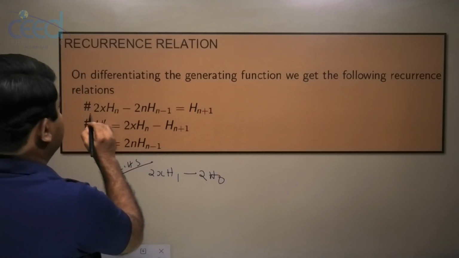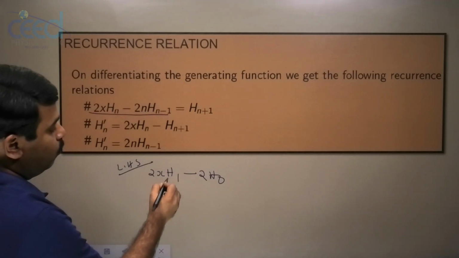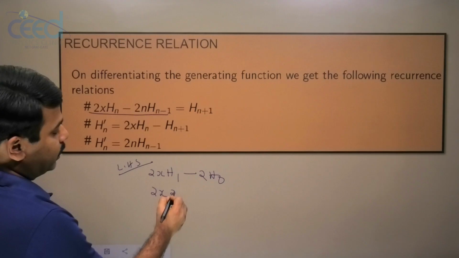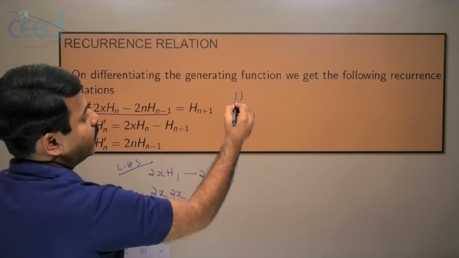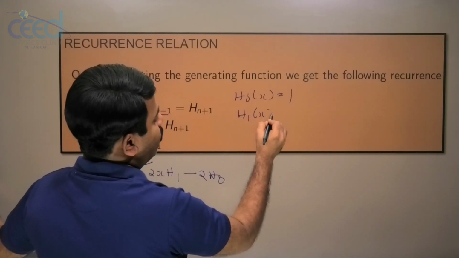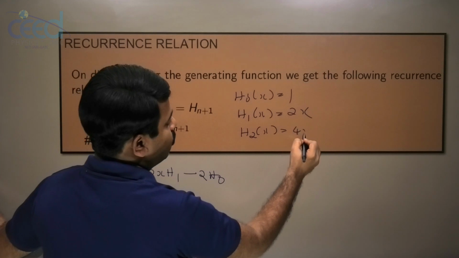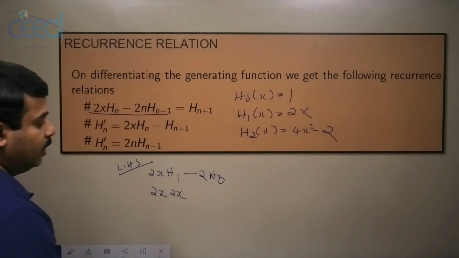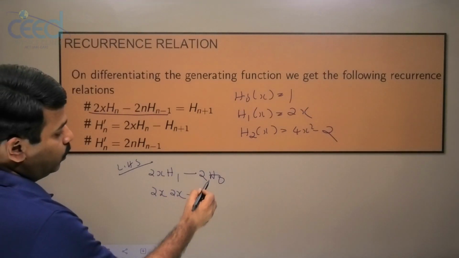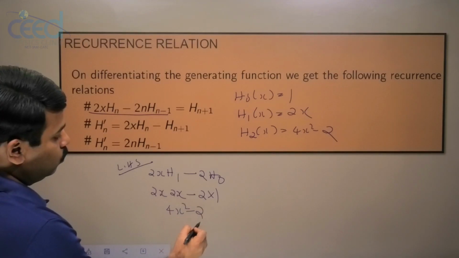Here I put n is equal to 1, that is 2x into h1. We already know h0 of x is equal to 1, h1 of x is equal to 2x, h2 of x is equal to 4x square minus 2. This and all we studied. Okay, 2x into 2x minus 2 into h0, that is 1. Then 4x square minus 2.